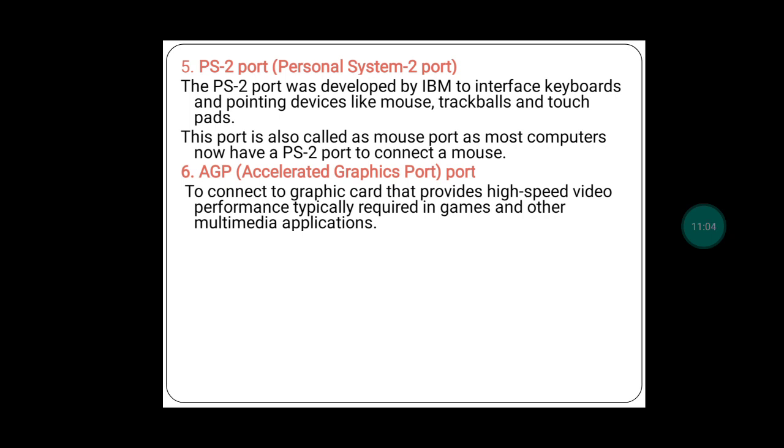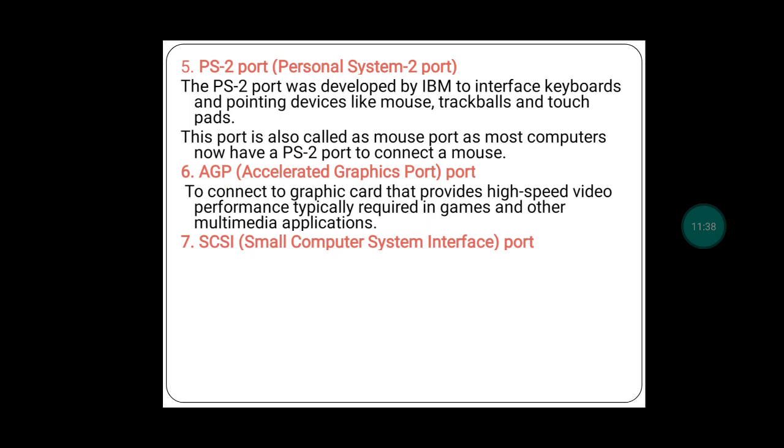How can you connect that graphics card? That can be done through the AGP port. A question can be asked here: expand AGP or write about AGP. AGP is accelerated graphics port, which is used to connect a graphics card to the computer system, which provides us high speed video performance, typically required in games and video multimedia applications.